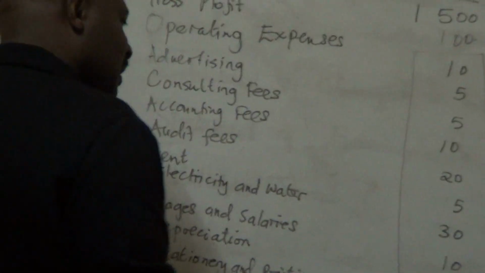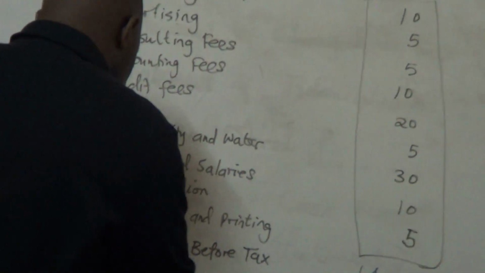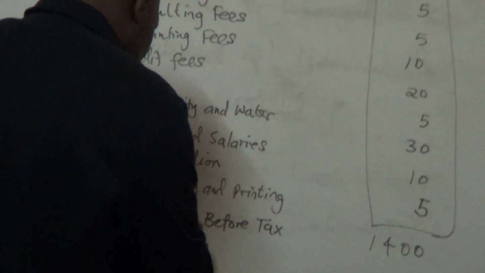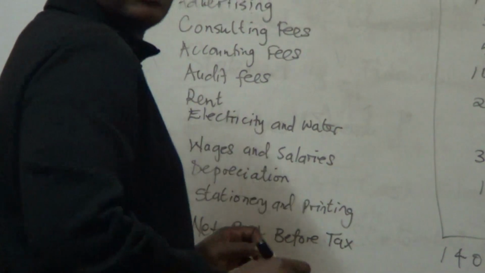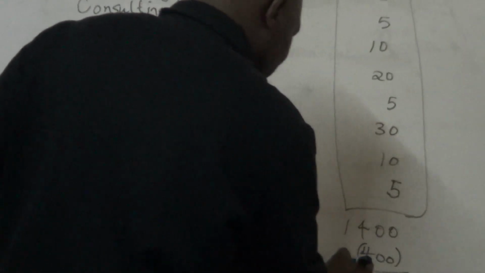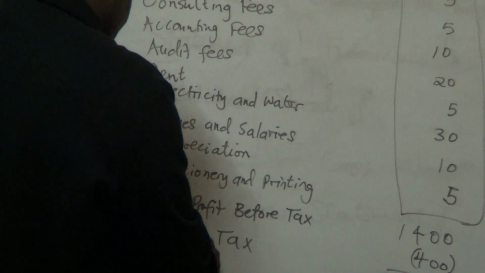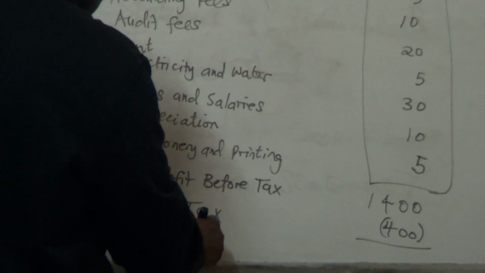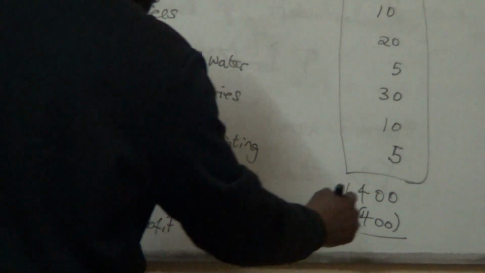So we have to deduct our income tax expense, let's just assume it's 400, right? Then our net profit after tax is equal to 1,000.